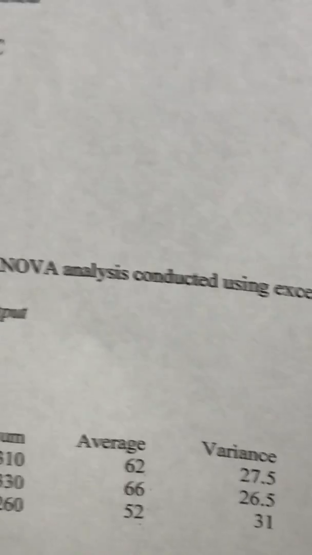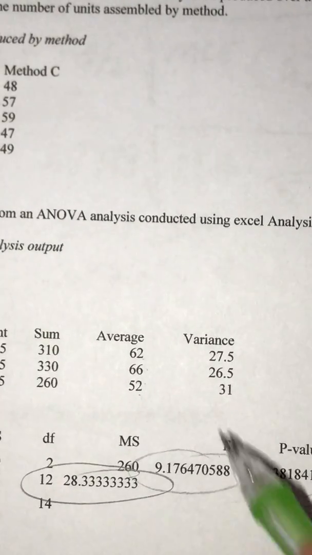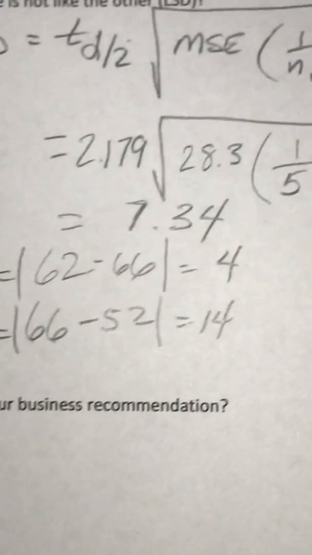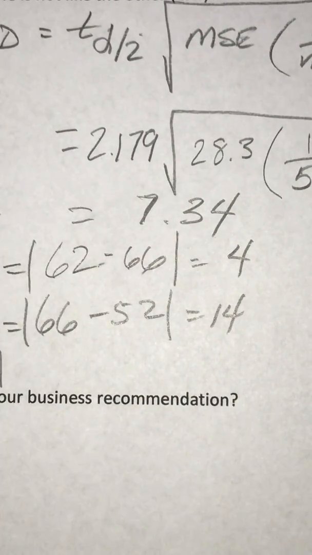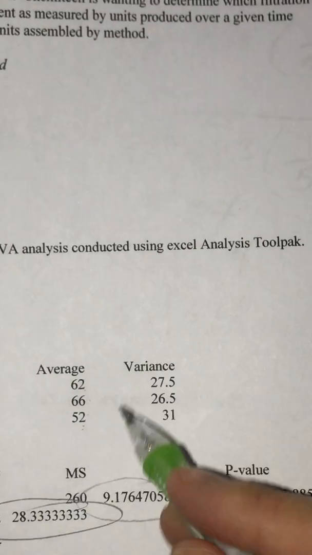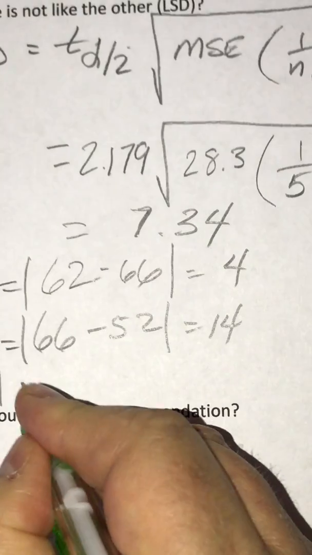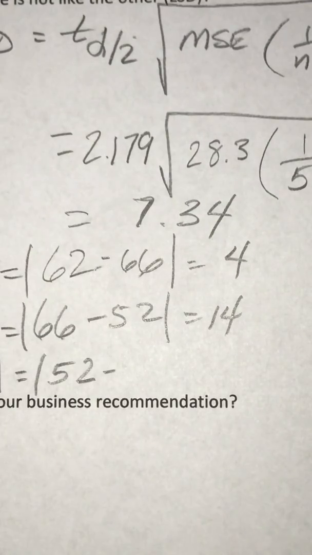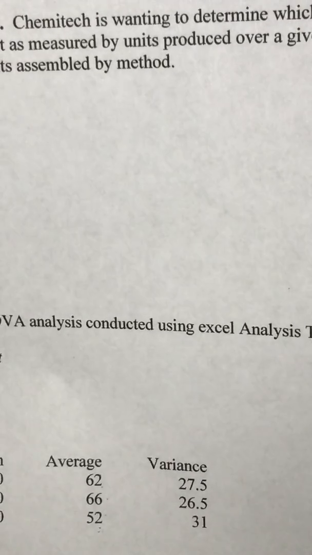Finishing up this analysis, and I'll zoom back out here in a second, you still have to take a look at the matching between C and A. So x bar sub C is 52. X bar sub A is 62.